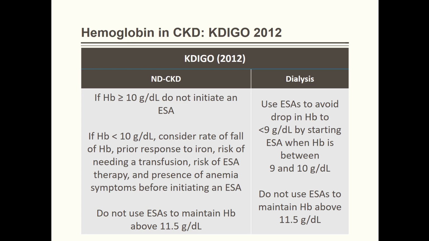For dialysis patients, you use ESAs to avoid drop in hemoglobin to below 9, and you want the hemoglobin to be between 9 and 10. For both CKD patients and dialysis patients, you are not going to use ESAs when hemoglobin is above 11.5 grams per deciliter.